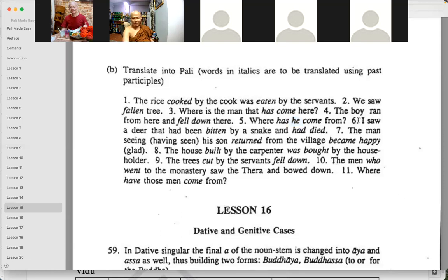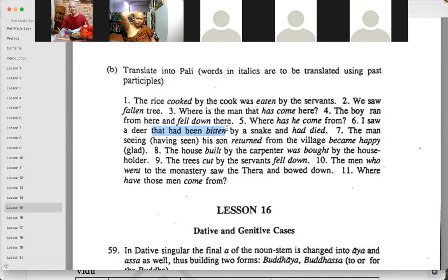And then number 6. I saw a deer that had been bitten by a snake and had died. Actually, the whole part, that had been bitten, should be in italic. So I saw a deer that had been bitten by a snake and had died.